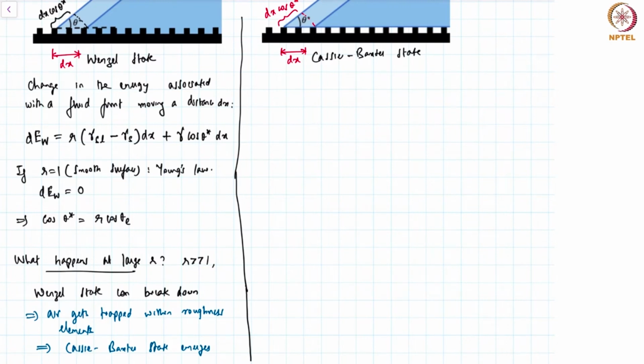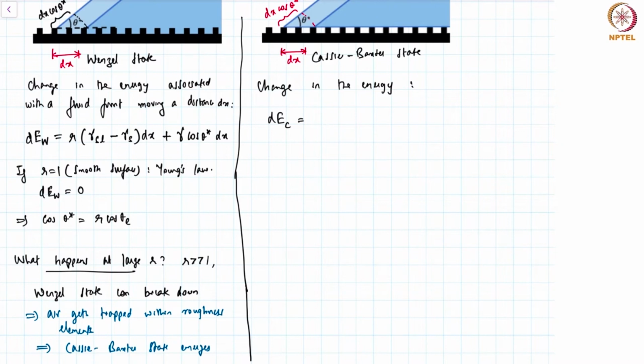As a result, the change in the energy associated when we move by distance dx is given by, we'll call it dEC, where the subscript C indicates that we're looking at the Cassie state.